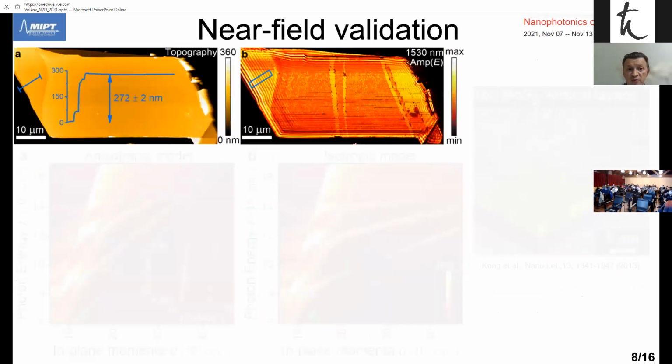So then, of course, to validate the extracted dielectric functions, we analyzed the waveguide modes which were excited along TMDC MoS2 flakes. For this, we used scattering near-field optical microscopy. Here one can see a typical topography and the corresponding near-field optical image obtained at wavelengths around 1530 nanometers. One can clearly see the fringes, which are due to the reflection of the light from the edge of the flake.